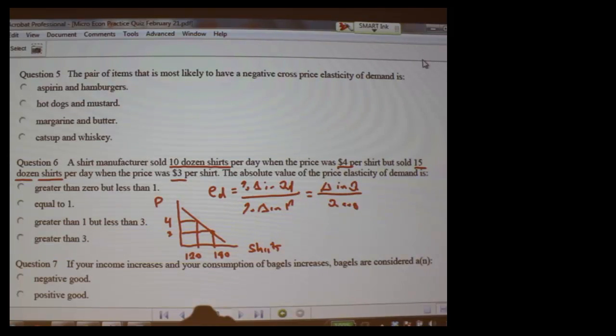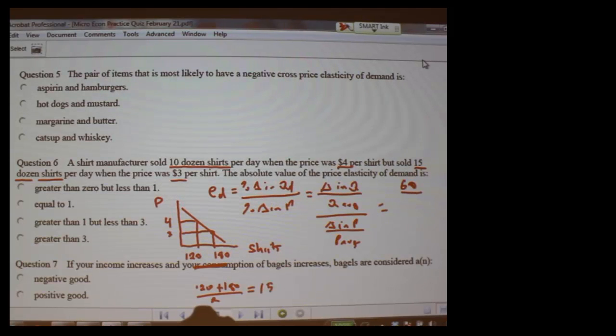And the formula for percentage change in price is change in P over P average. So we have here change in Q. What's this change? 60. And what is the Q average? Well, it's 120 plus 180 divided by 2, and this is 150.